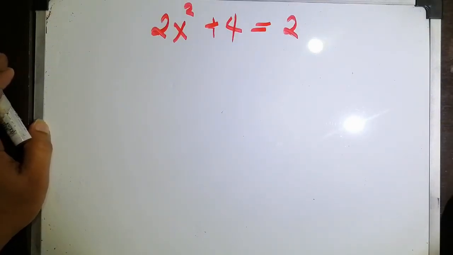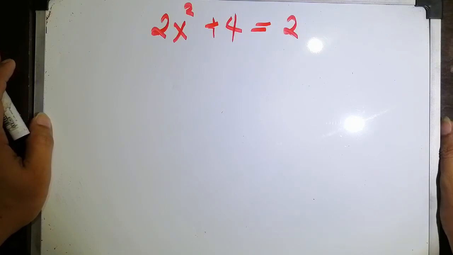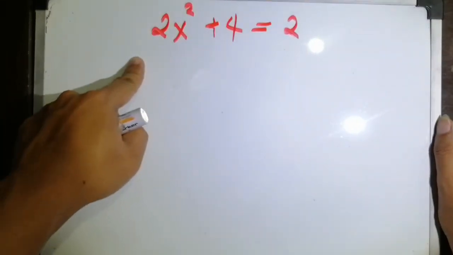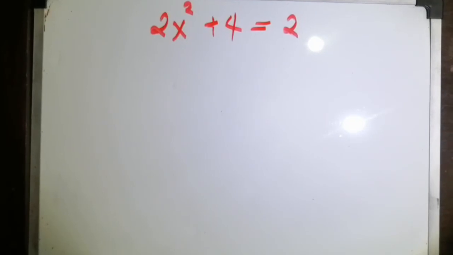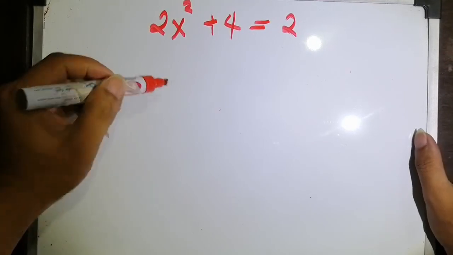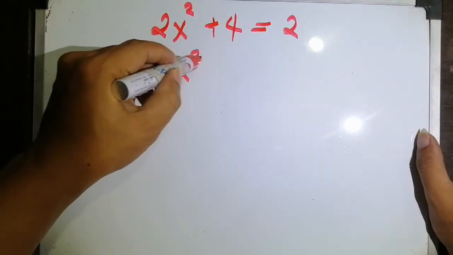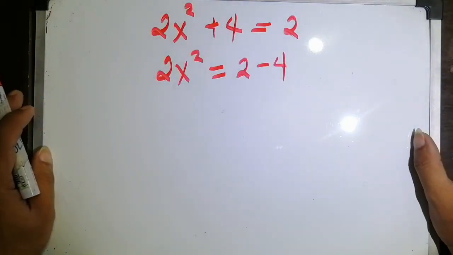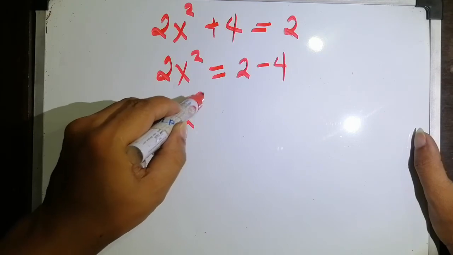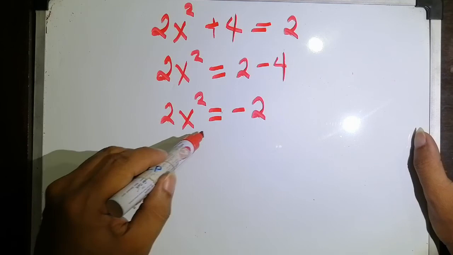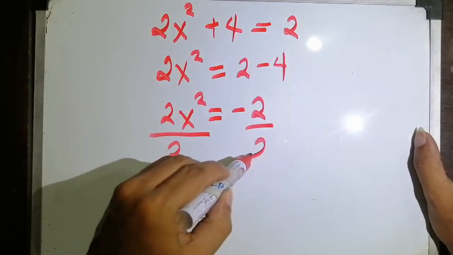So here, first we're going to write the equation into the form x squared equals c. So dapat ito i-transpose po natin sa kabila kasi yung dapat nandito ay x squared lang. Okay, so we have 2x squared equals 2 minus 4. Okay, so 2x squared equals negative 2. Tapos, divide natin siya both sides by 2.